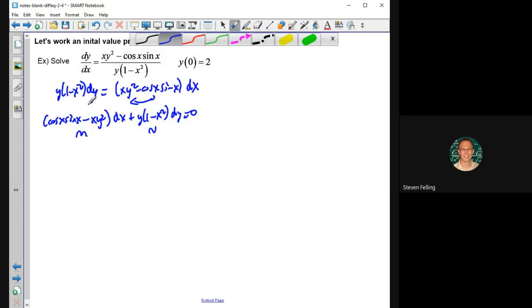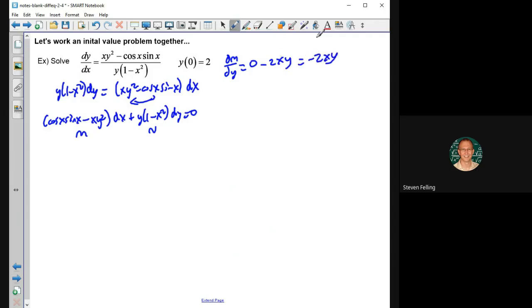Yeah, we have to do this with respect to this variable. So what is dM with respect to y? Well, this whole thing has no y, so it's 0. And this right here, the derivative is 2y, so it's going to be minus 2xy, right? So negative 2xy.